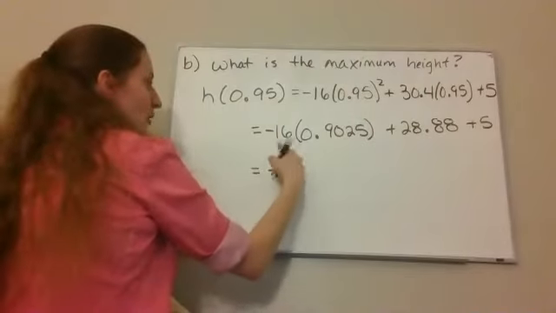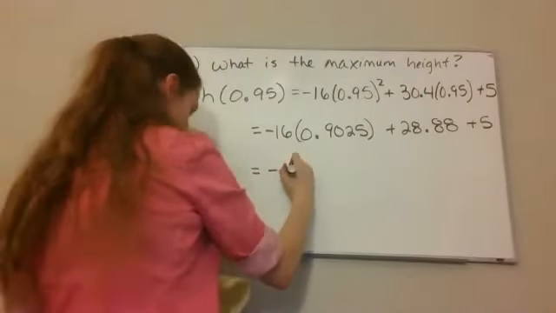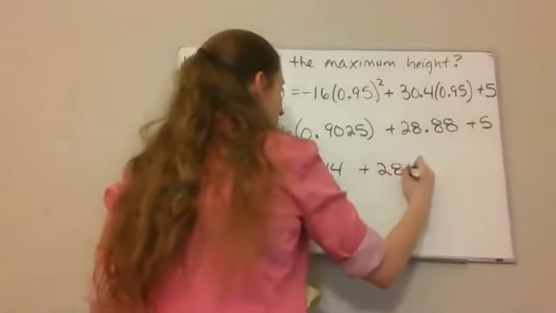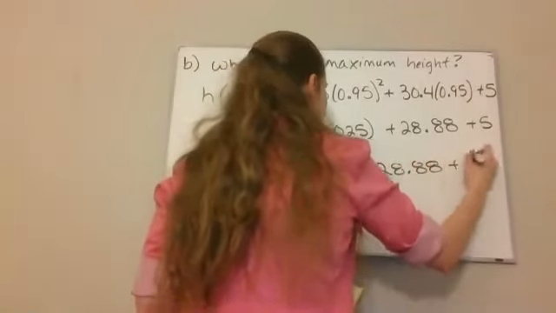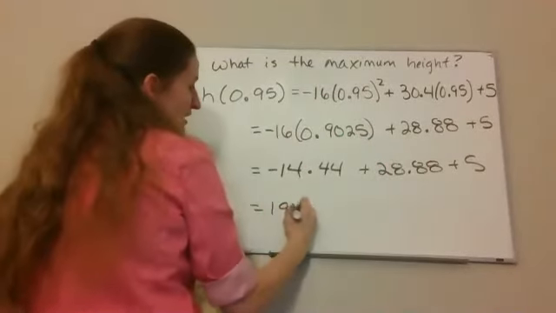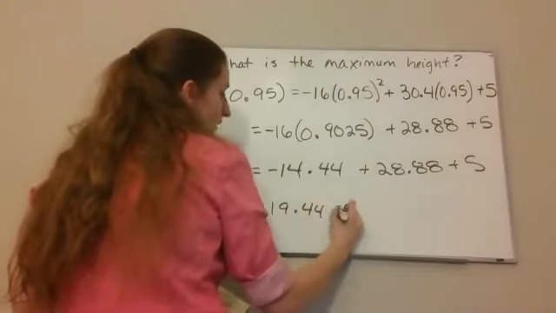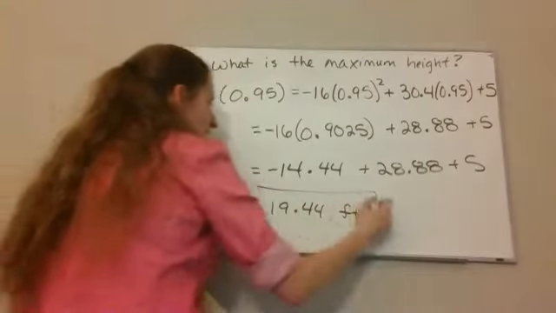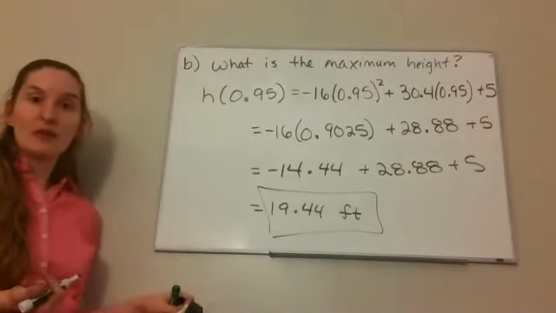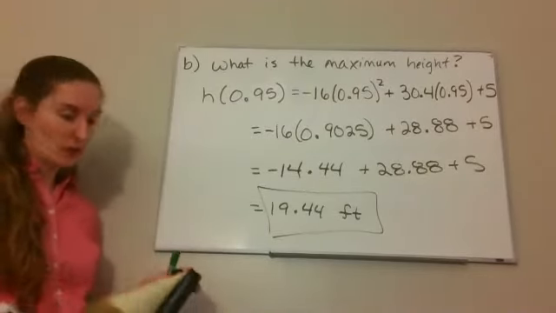And we have, multiplying these two together, negative 14.44 plus 28.88 plus 5. And when I add all of that together, I get 19.44 feet. So at its maximum height, the football was 19.44 feet above the ground.